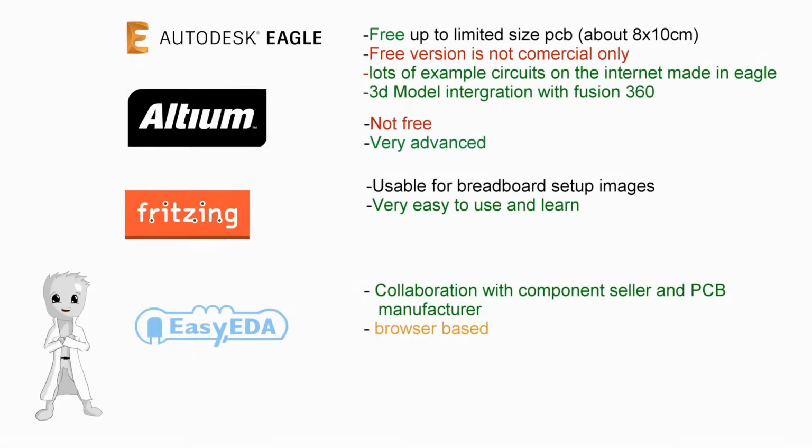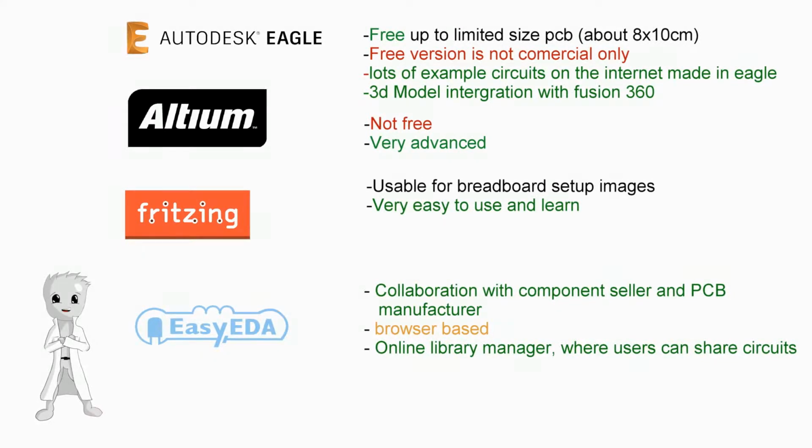Also, it has a nice integration with Fusion 360, which is the program I'm going to use to make the cases. But lately I'm using Easy ADA because it has a library manager built in, which has all the components they sell, and there's also a user section where you can share your PCBs, which is really handy for me to share stuff with you and build up a library with the components we use.